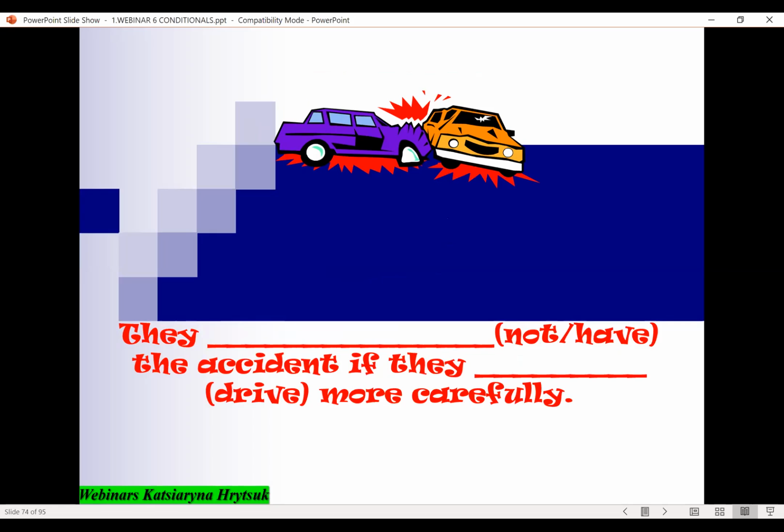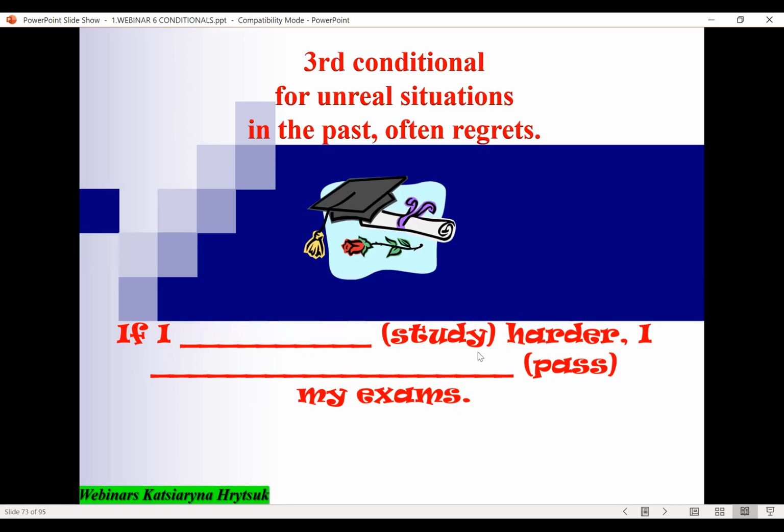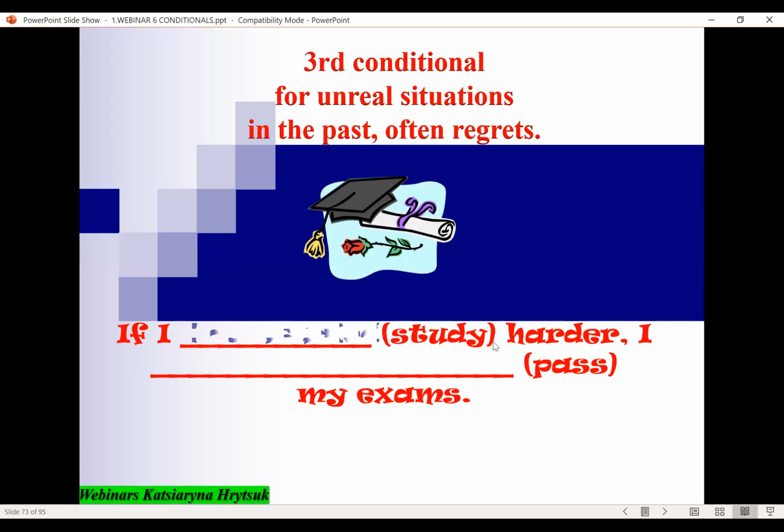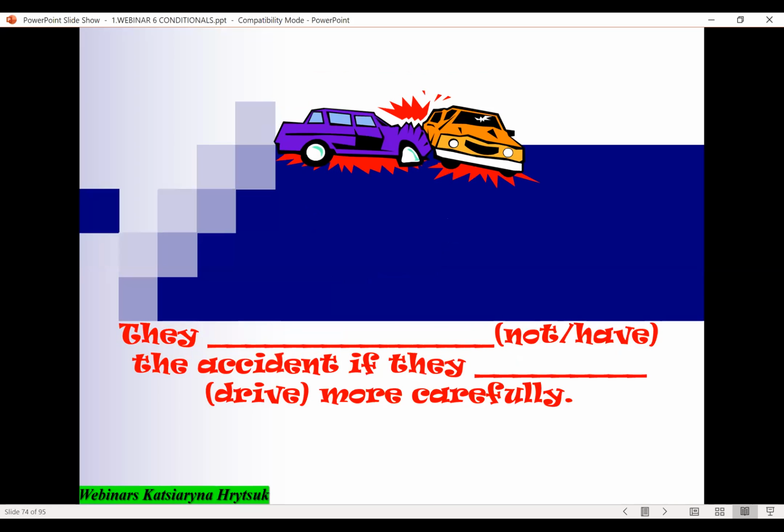Sandrine. Be careful. Main clause. They wouldn't have had the accident if. Remember, would have done, would have played.